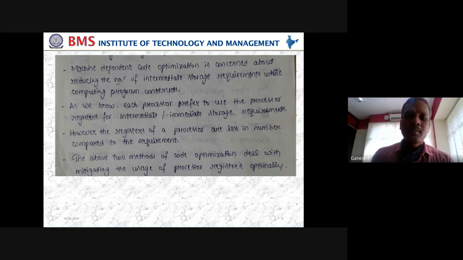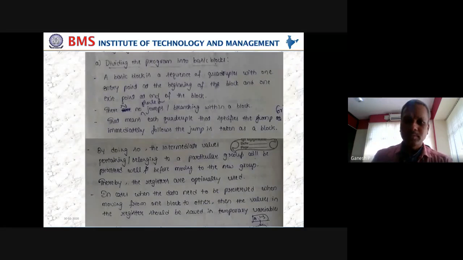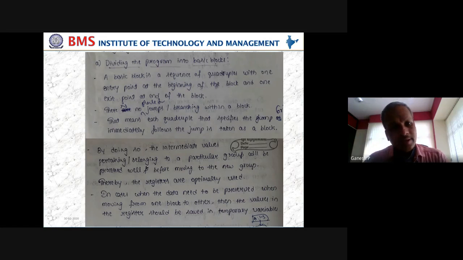Maybe for code optimization from the machine dependency perspective, we have two things. One is arranging the program into basic blocks and rearranging the quadruples we have for a program. So first, let us see dividing the program into basic blocks. Whether it is dividing the program into basic blocks, intermediate quadruples being reshuffled or rearranged, or what you see later under machine independent code optimization, in all these cases we are aimed at reducing the dependency on RAM and secondary memory as far as the computations are concerned.